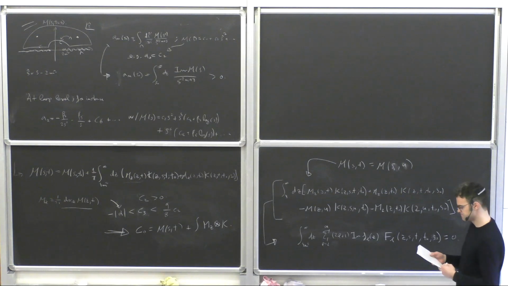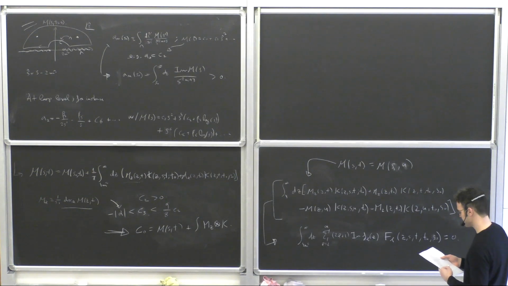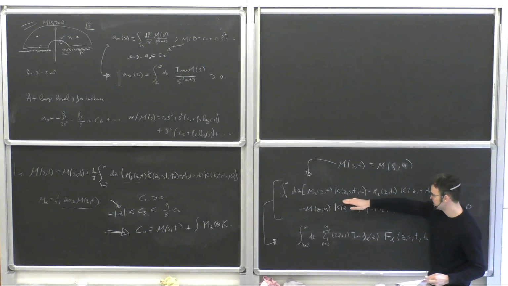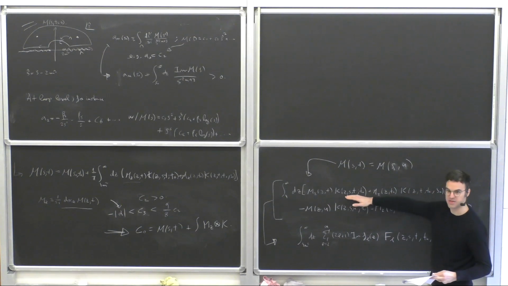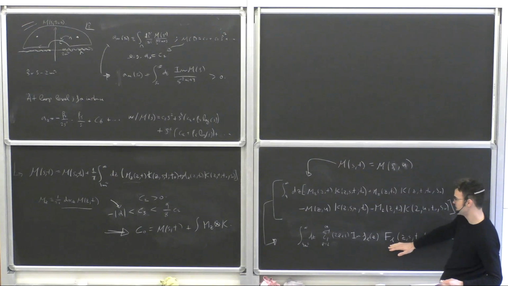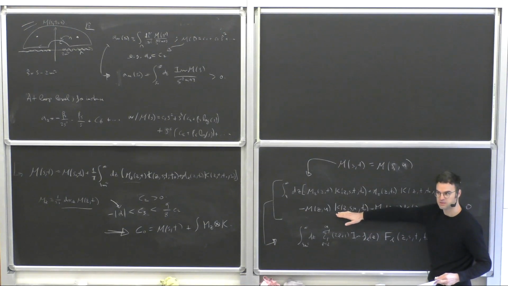But maybe I can make some comments. I hope it's clear how the kernel arises. You should just take this equation and integrate it against the Legendre polynomials. So basically this F_L is simply a linear combination of these kernels multiplied by Legendres. Simple thing.